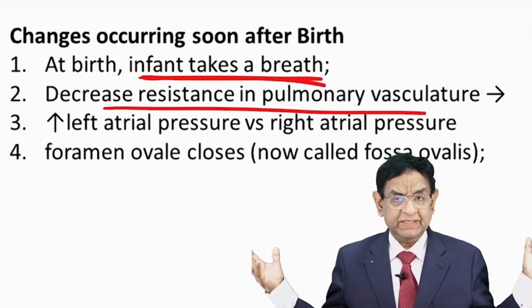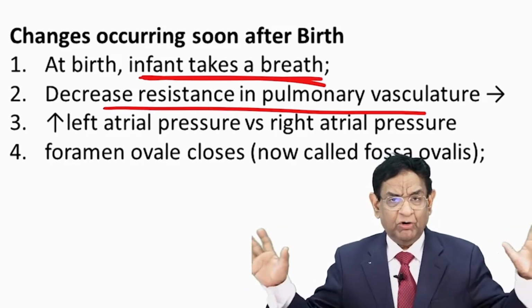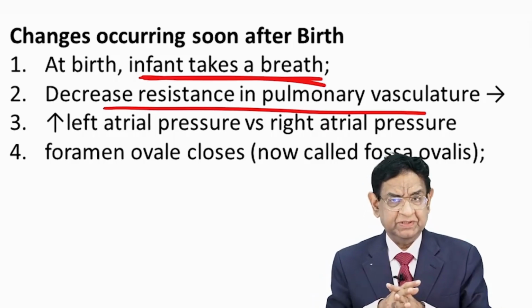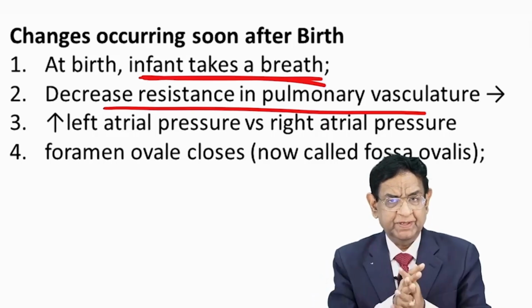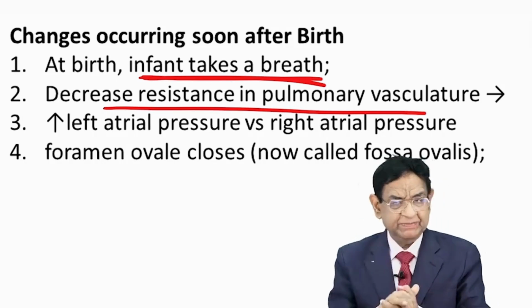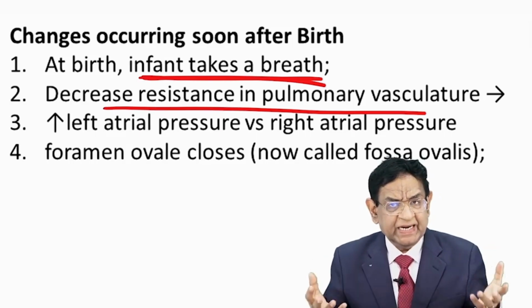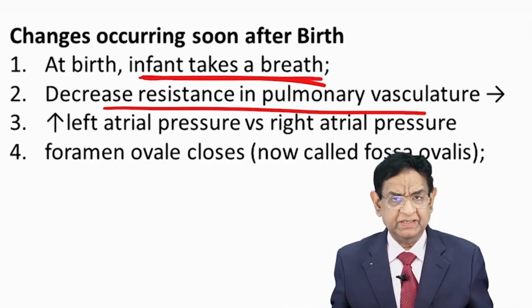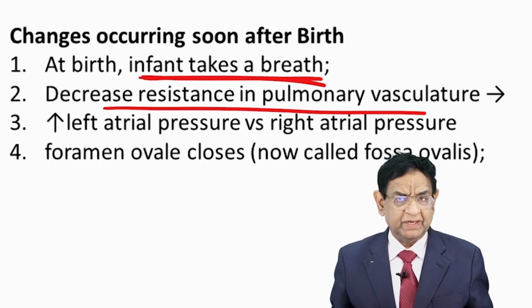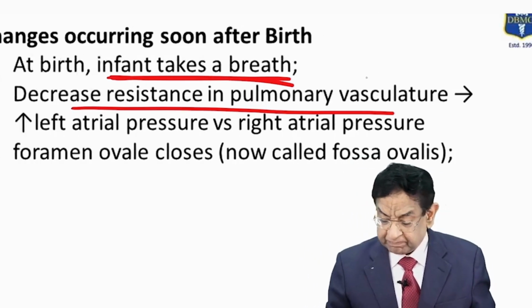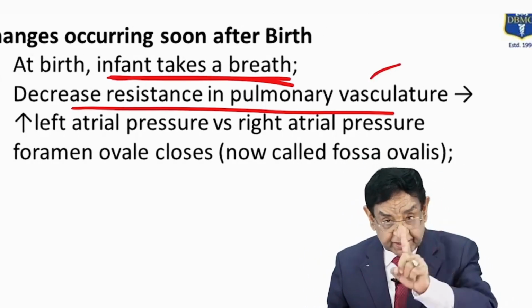Now God is the greatest engineer. He already has made the lungs fully developed but non-functioning. Now when the child cries, the child needs oxygen. There's no source from the mother. Now automatically the resistance in the pulmonary vasculature gets reduced.